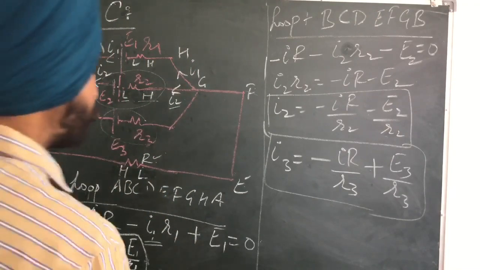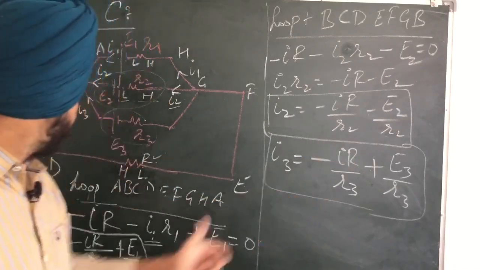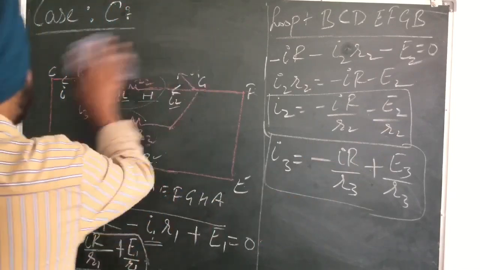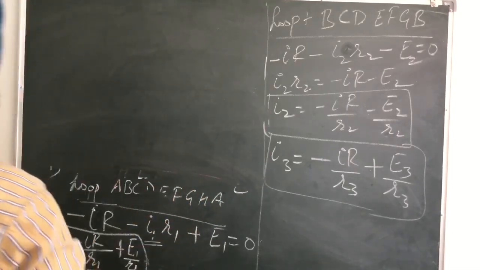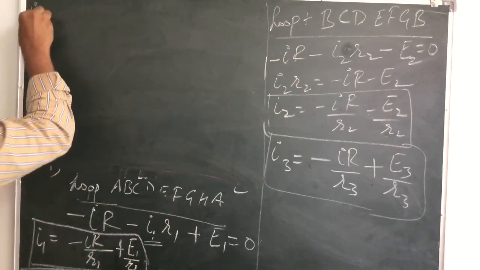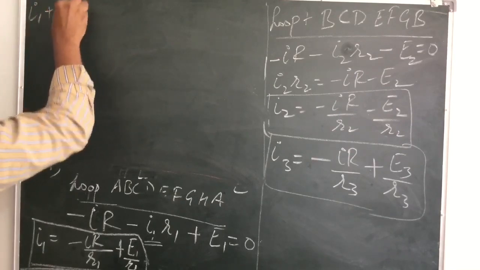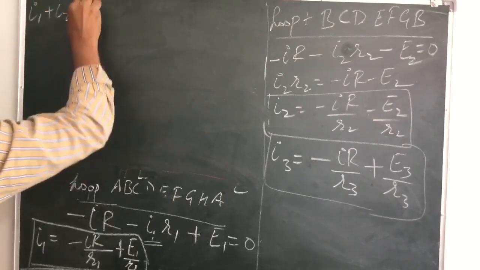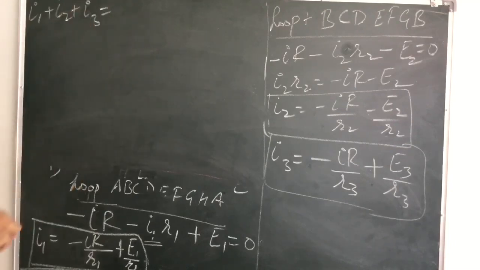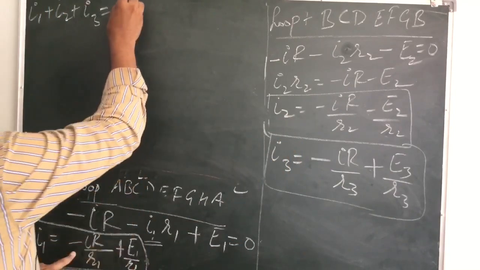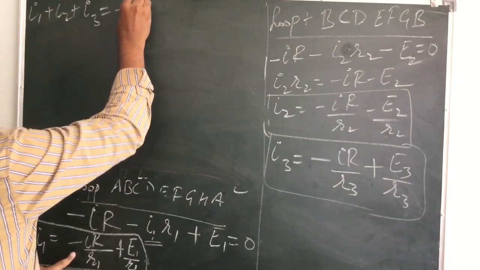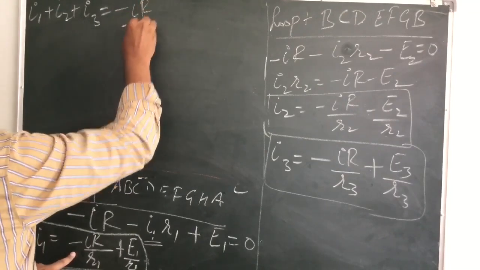So next, what we are supposed to do is add these three values. So when we add these values, we will get I1 plus I2 plus I3. This will be equal to, so I am adding these three values, minus IR over R1.